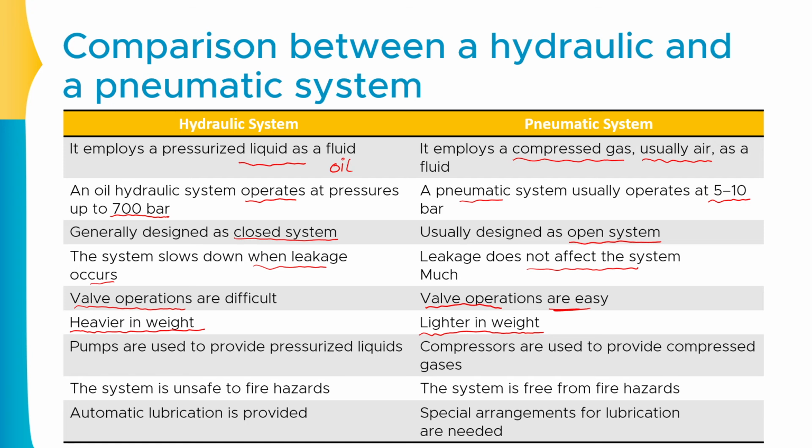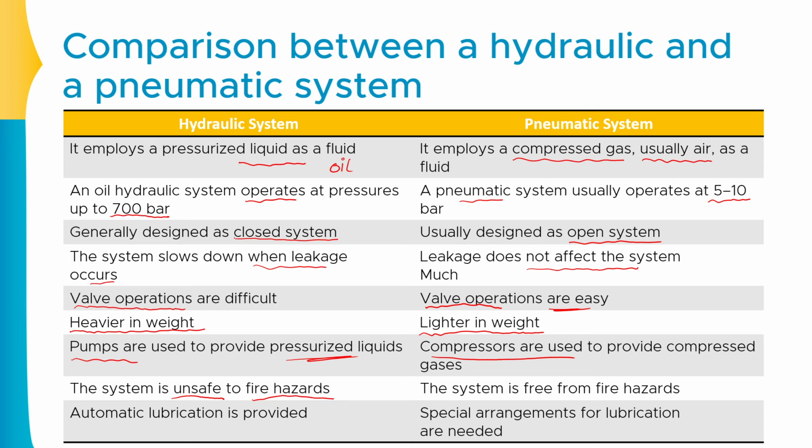Now, when it comes to the hydraulic system, the pumps are basically used to provide the pressurized liquid, and in the pneumatic systems, we use compressors to provide the compressed air. When it comes to the hydraulic system, always remember that oils are used, and many times some of the oils are flammable also, so it is unsafe and a fire hazard.